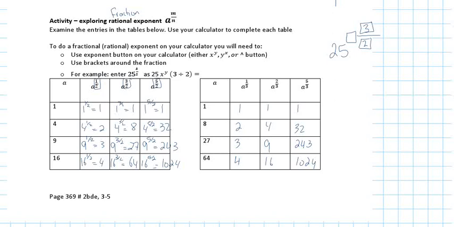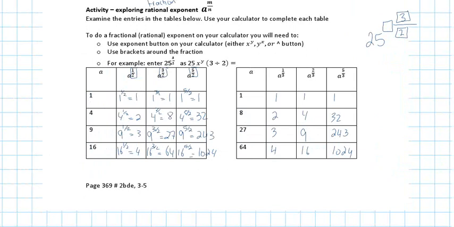Now, when I raise the base to the power of 3 over 2, do you notice any relation between the second column and the third column? Okay, let me ask you a question. What is 2 to the power of 3?